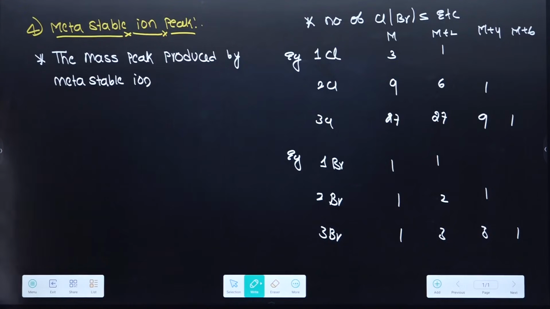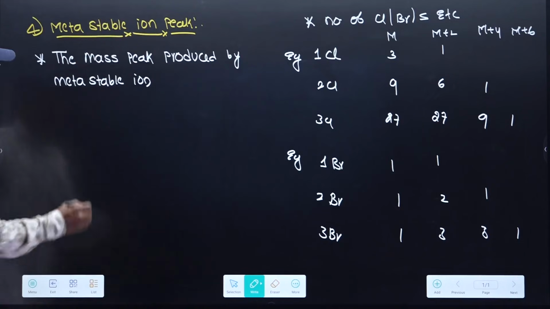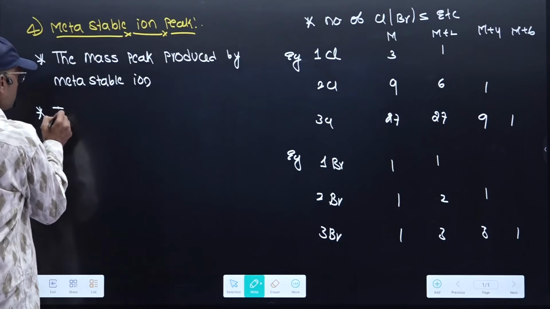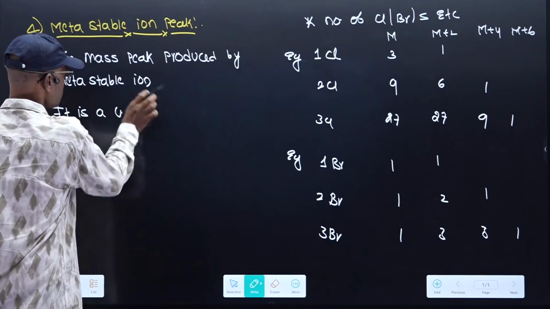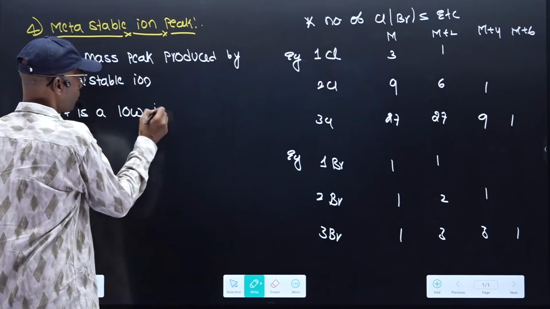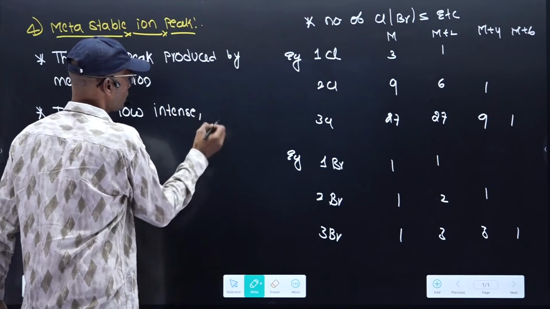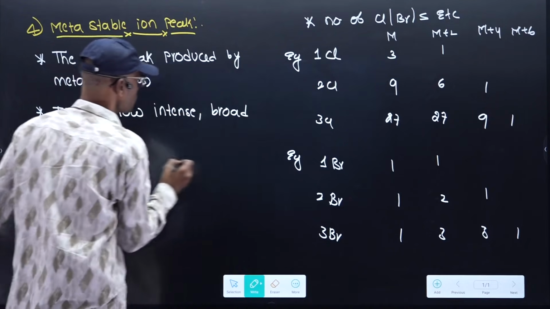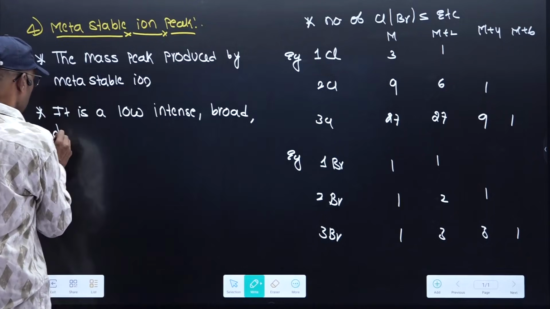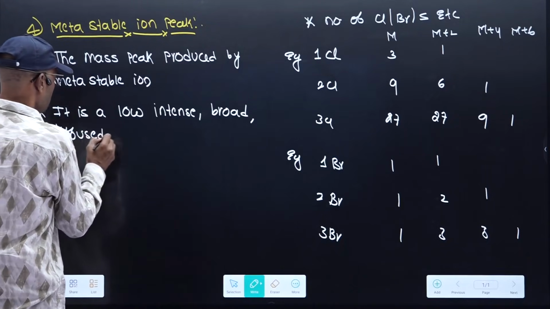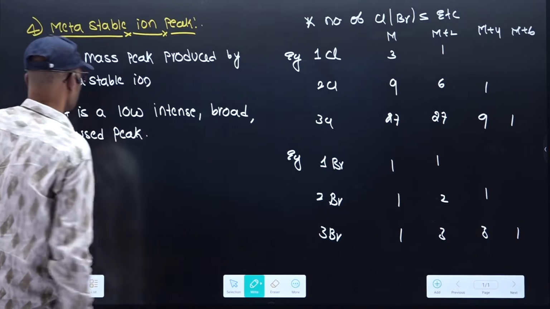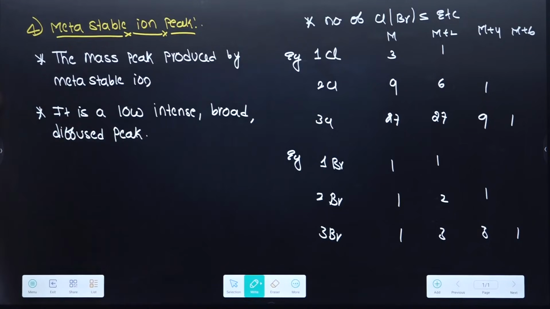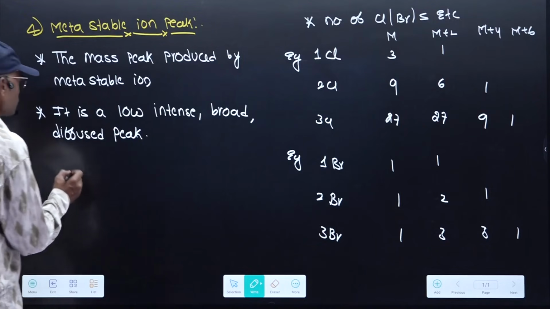That point I am not writing because you are already aware of metastable ions. Okay, so a metastable ion peak is a low intense, broad, diffuse peak.